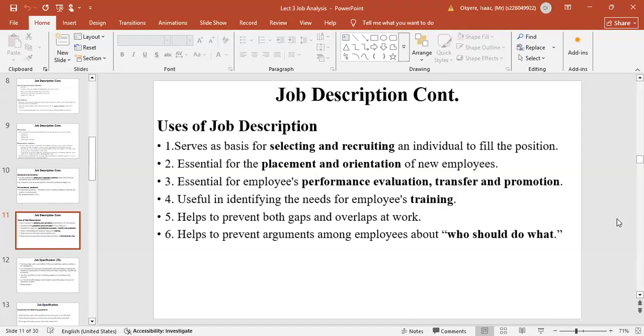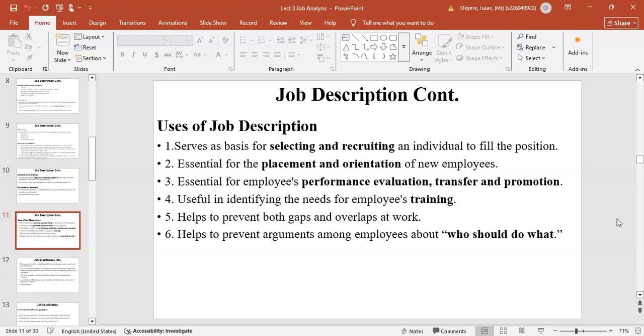For example, when you are coming to the job, we see that you can perform this because you are given a task, then you should perform it. In certain organizations, we ask employees to do it for us to see. If you are able to do it, then you will be selected. So it's the basis for selecting and recruitment.